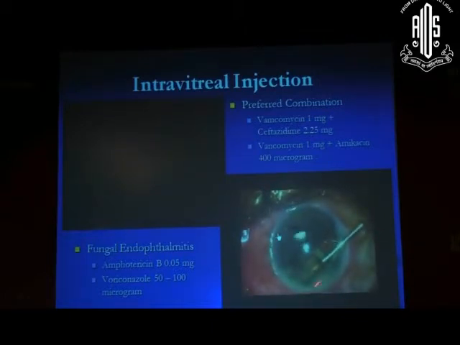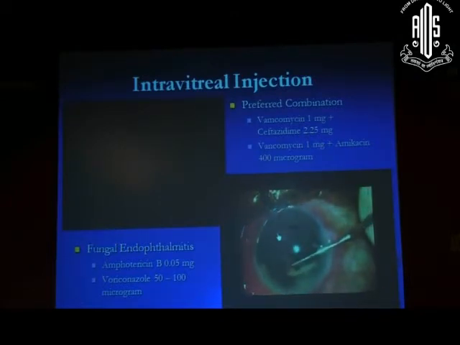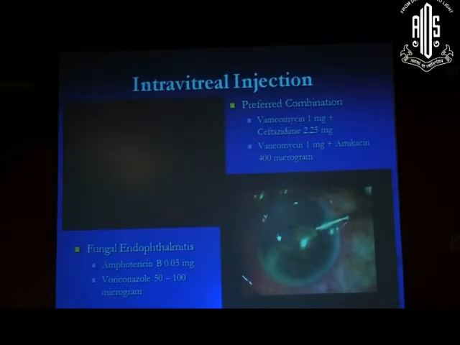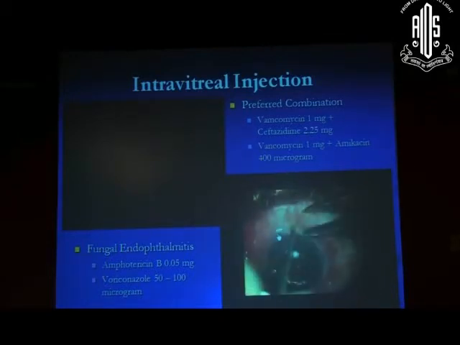This is a Sinskey hook, and I'm trying to remove this very dense membrane from the anterior chamber, making sure that all of it comes out. Okay, so I'm taking care to make sure that all of it is first released, and then using McPherson's forceps, I'm gently pulling out this membrane, and it comes out in one piece.